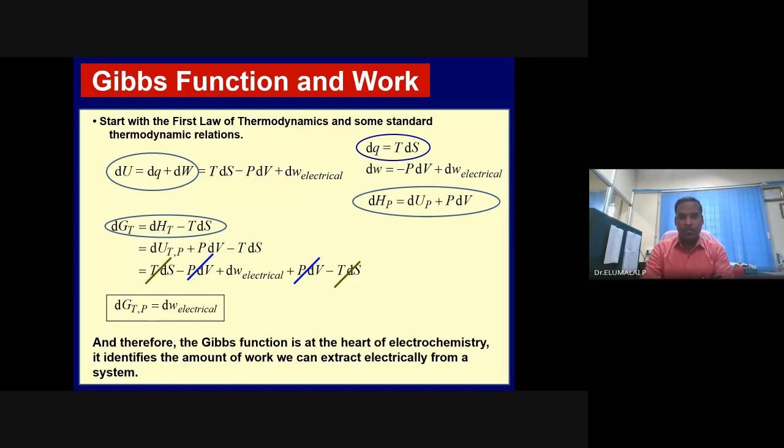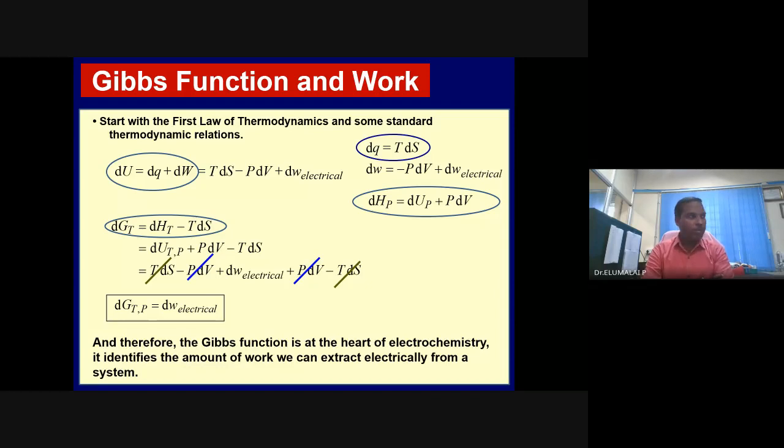What is the third law? It is impossible to achieve 0 Kelvin. If achieved, the entropy of the system is 0. So you can remember using this prefix: it is impossible.